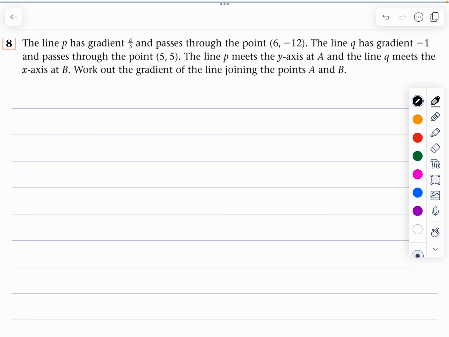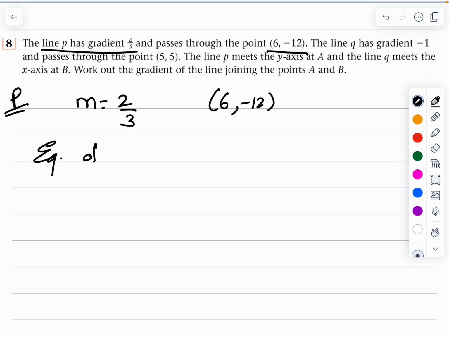Question number 8. A line P has a gradient 2 upon 3 and passes through the point (6, negative 12). This is line P. Now, what am I going to do? I am going to find the equation of line P. Y minus y1 equals m times (x minus x1).